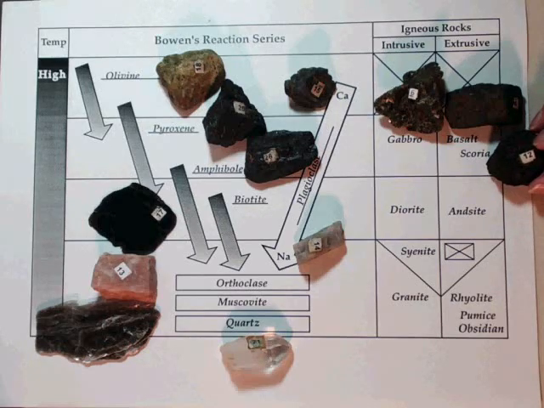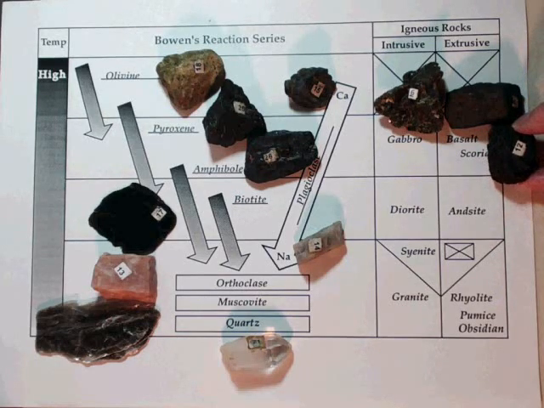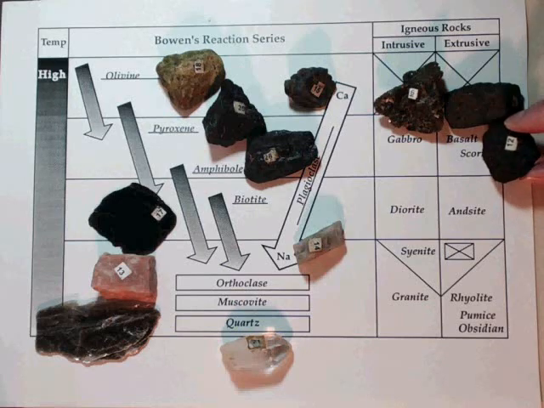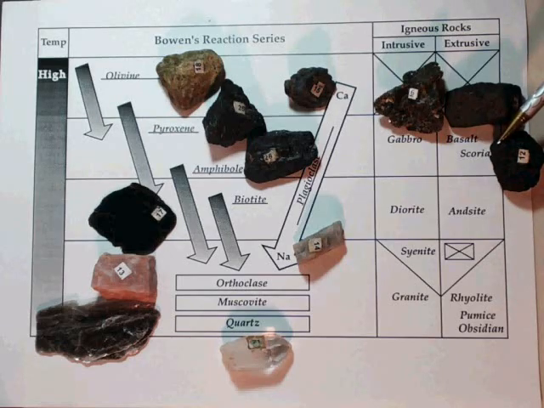And so that one here, number 12 from your trays, would be a scoria. This is the black scoria. And there are little vesicles in here. I don't know how well those are showing up on this screen, but little black, small vesicles or holes in there.